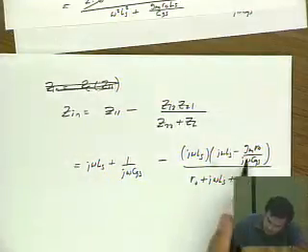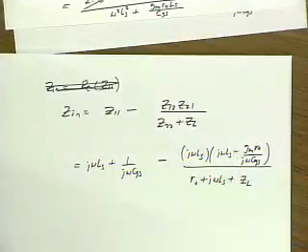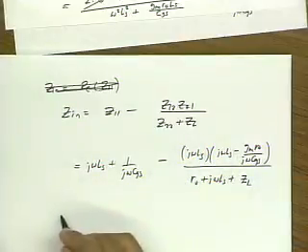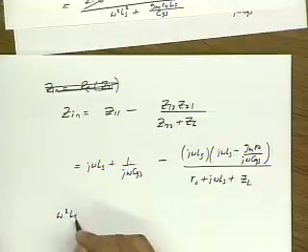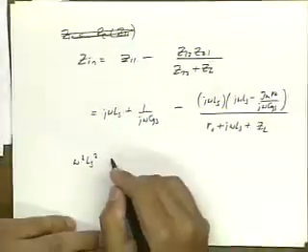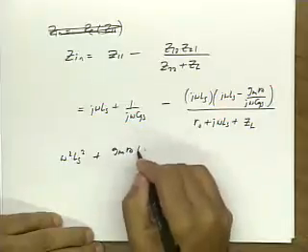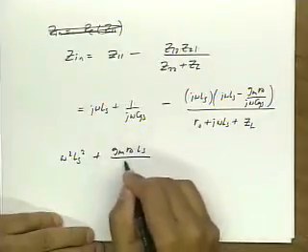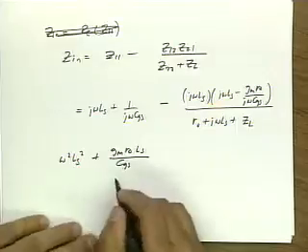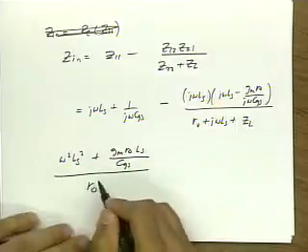Okay, good. So if I now multiply this numerator out again, I'll have omega squared Ls squared plus gm Ro Ls divided by Cgs, all divided by Ro.